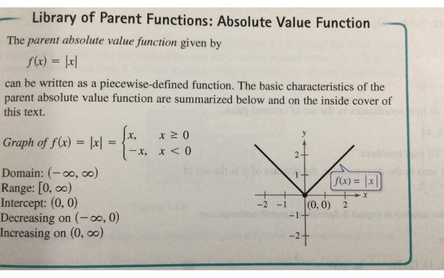And then as I keep going, the line starts going back up. So my graph increases forever in that direction. So that's what we're saying here. The graph decreases from negative infinity to 0. It increases from 0 to infinity. So these are the x values for where the graph is decreasing or increasing.